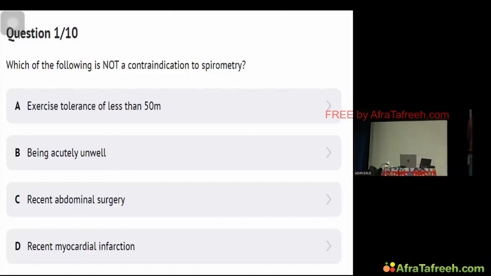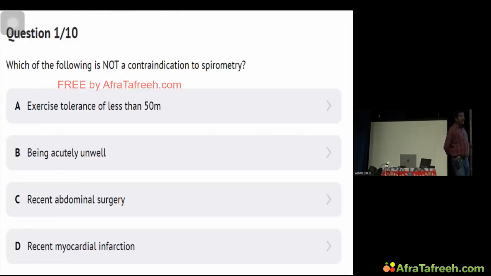What should be the answer? Exercise tolerance of less than 50 meters. Recent MI is a contraindication, abdominal surgery is a contraindication, being acutely unwell with an acute infection is a contraindication. Patient has exercise tolerance of less than 50 meters means the patient has some kind of restrictive lung disease.